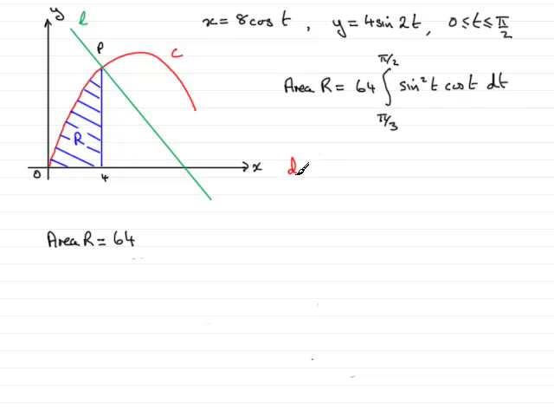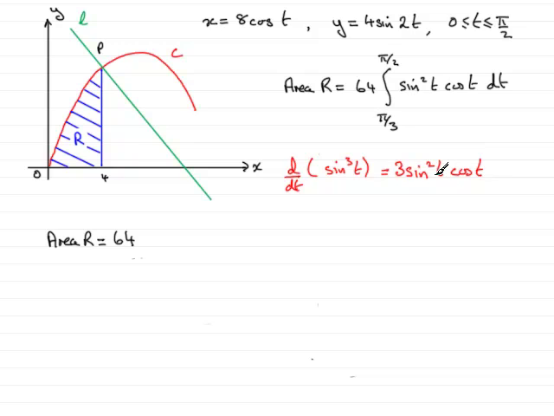If you were to differentiate sine cubed t with respect to t, think of this as sine t all to the power 3, and then you differentiate it with the chain rule. So differentiating that becomes 3, reduce the power by 1, so it's sine squared t, and then you multiply by the differential of sine t, which is cos t.